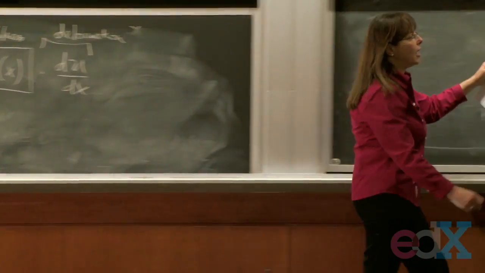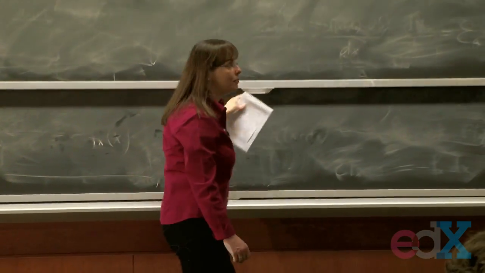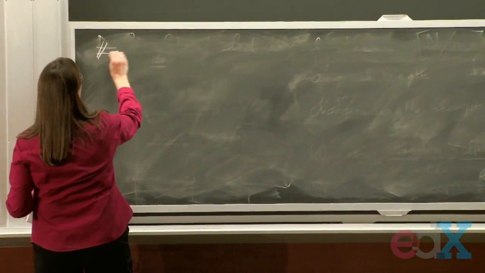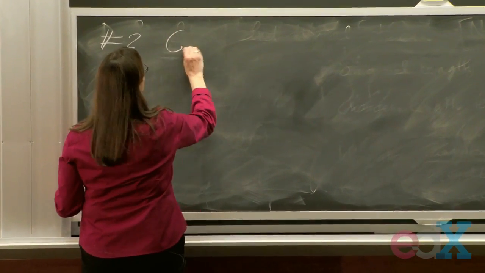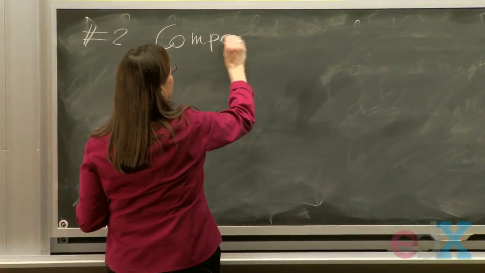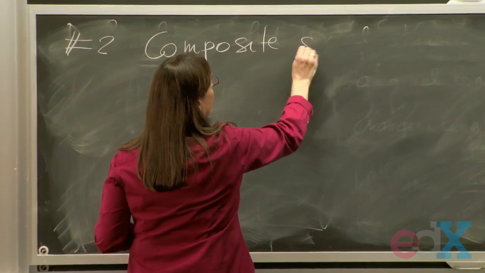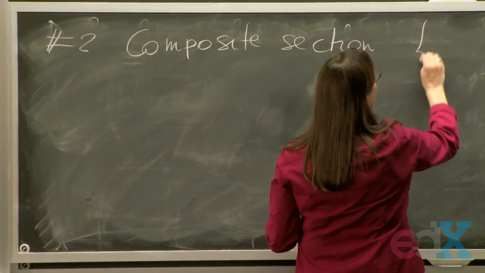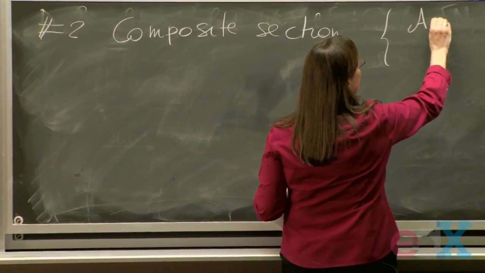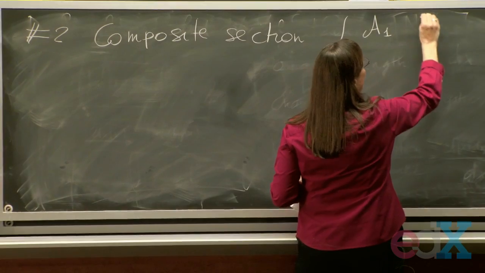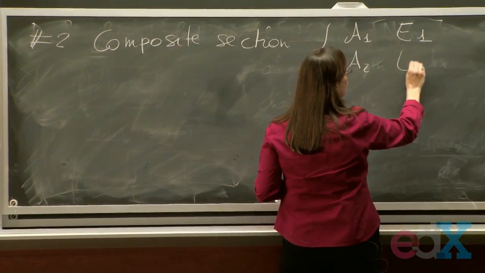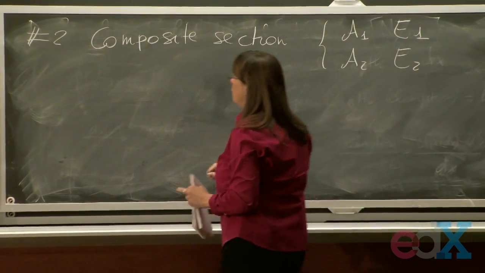Let's say the other case in which you have a section that's made of more than one material. So let's do number 2. Composite section. And say, just to simplify our life, that there is going to be some part of the section, A1, which has a modulus E1, and some part of the section, A2, which has a modulus E2.